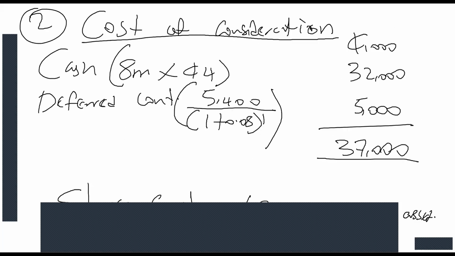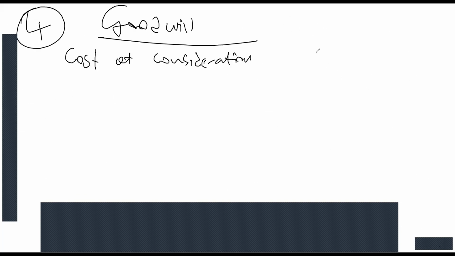The cost of consideration is workings 2. We have 37. Add fair value of NCI to it. Fair value of NCI at reporting. They didn't give it to us.